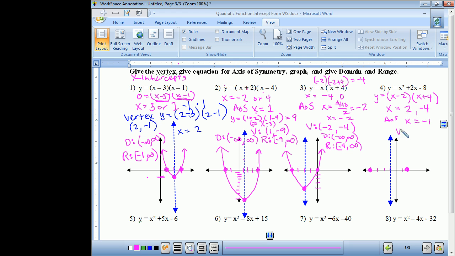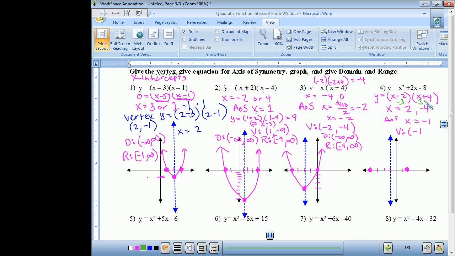Now, our vertex is going to be the point -1, because the vertex is always on the axis of symmetry. And then we can plug in -1. I'm going to change to green here. If I plug in -1, this becomes -3, and this becomes +3, because -1 minus 2 is -3. -1 plus 4 is +3.